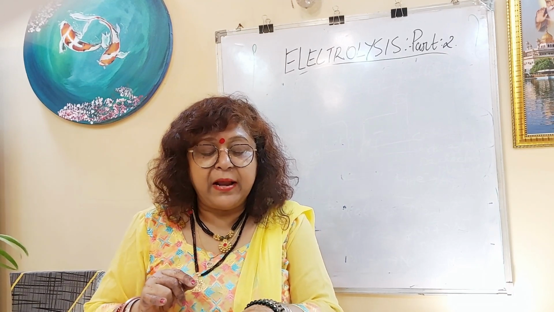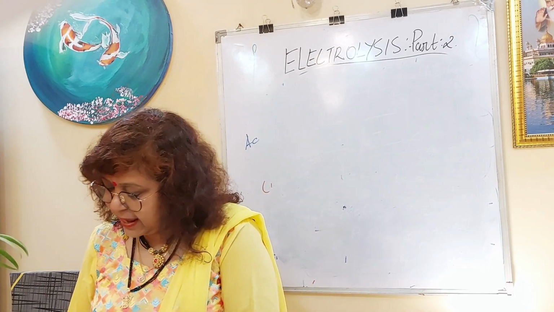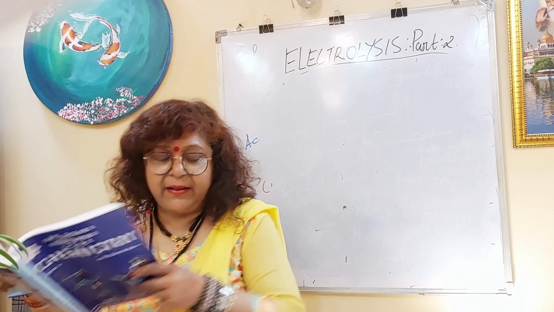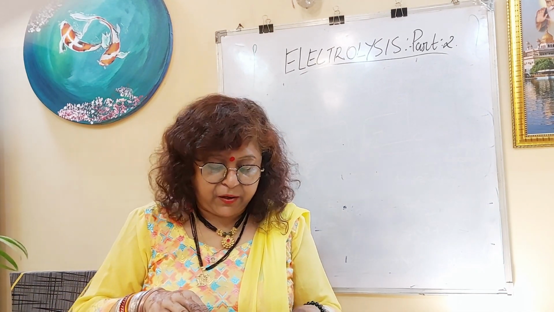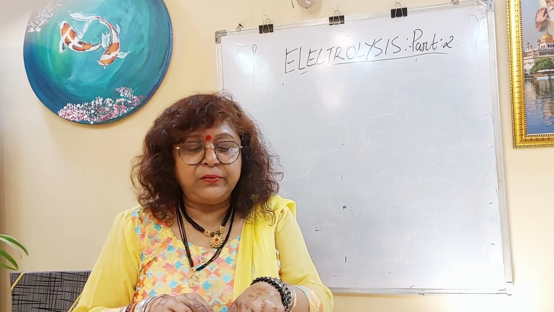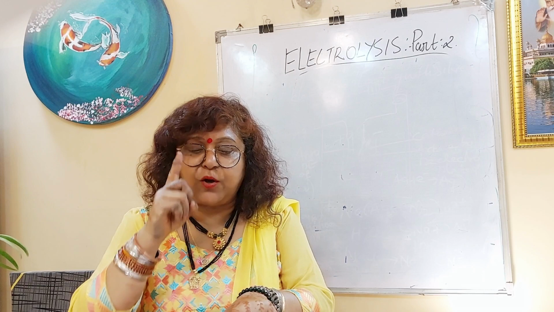Now what is this used for? Electro-refining of copper, nickel, silver, and zinc is done by this method, and it is very, very important. A very good example is given in your book on page number 120. For your board exam, you will read electro-refining of aqueous copper sulfate.